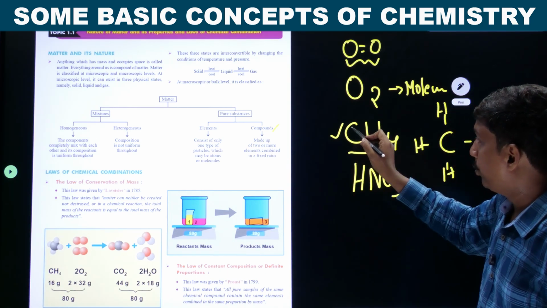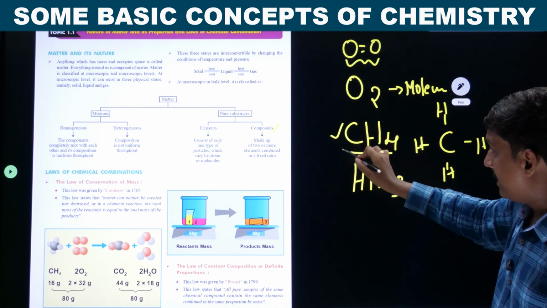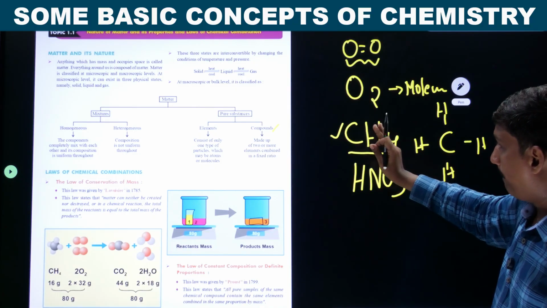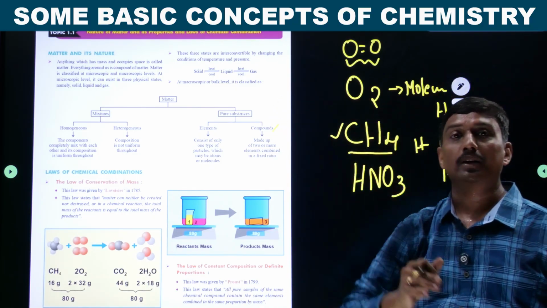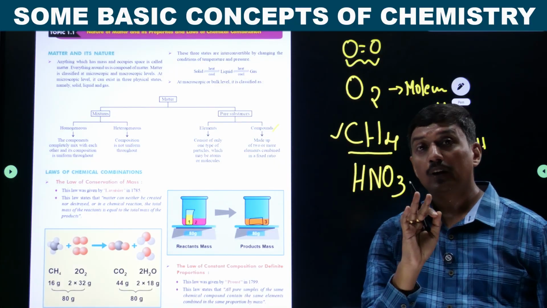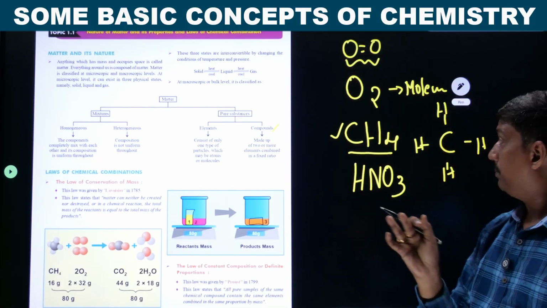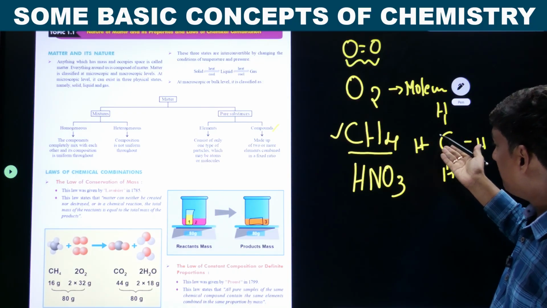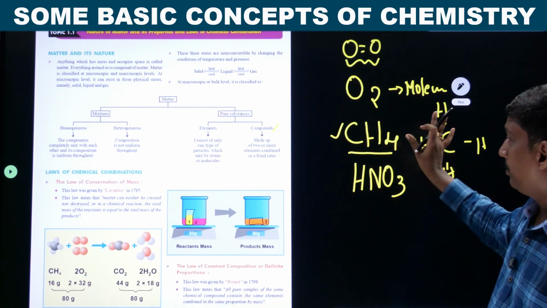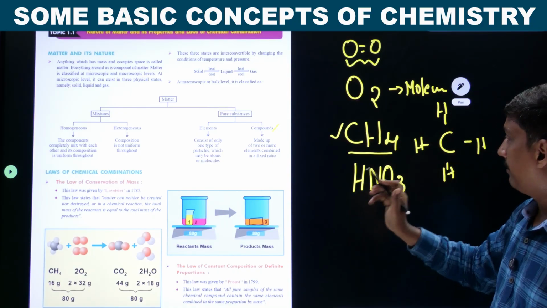So the two or more different elements which are combined in a fixed ratio are said to be compounds. We can't say it is a molecule because different atoms are there, different elements are there, so it is said to be a compound. Okay, fine.